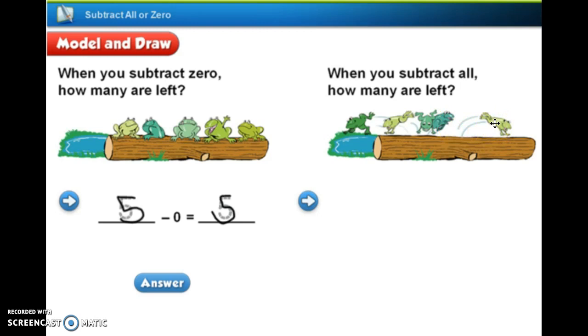How many frogs jumped off the log? 1, 2, 3, 4, 5. So how many frogs are left? Did you say none? That's right. No frogs are left. That's 0.